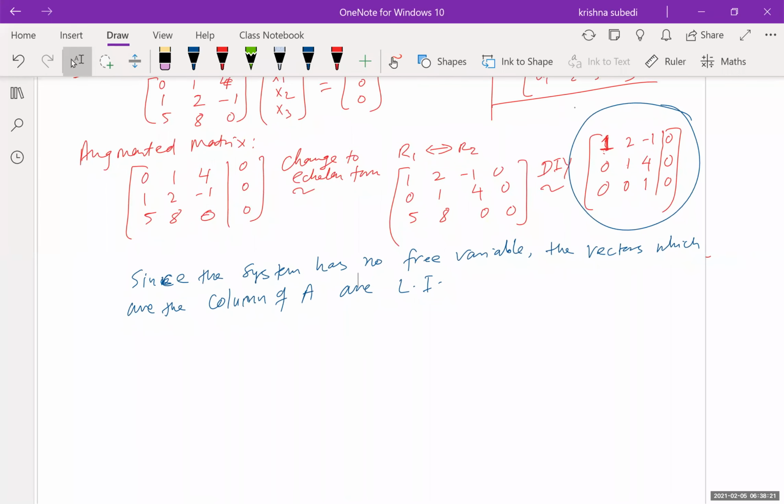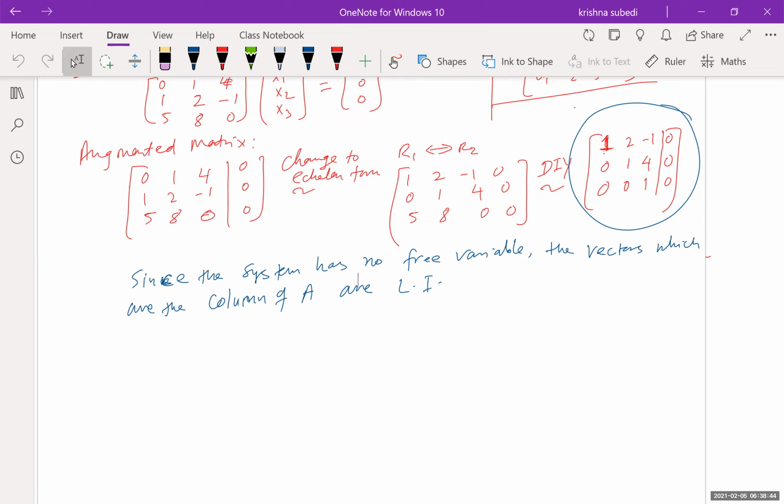Considering the system of equations, and then considering the augmented matrix changing into echelon form, and figuring out whether the system has any free variable or not, that is the general method to check whether the vectors are linearly dependent or independent.